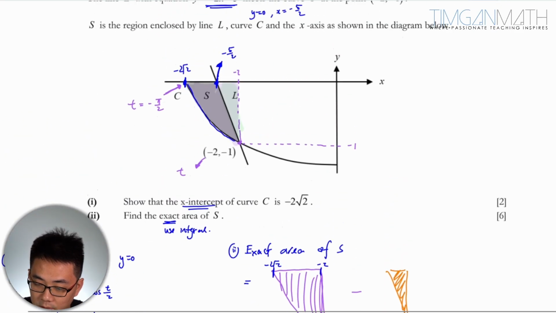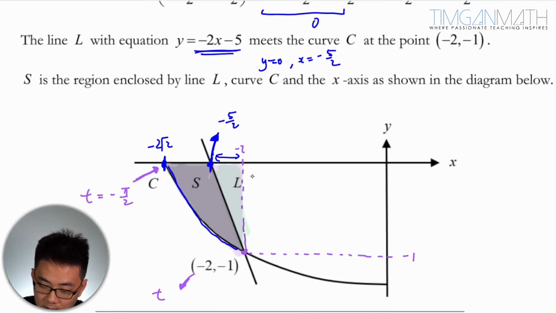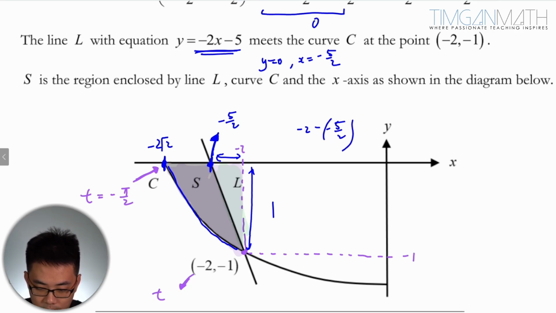Then we're going to use this triangle. This triangle is pretty simple. It's just base times height. This height here is just 1 unit. This is 5/2, so -2 minus 5/2 will be half.